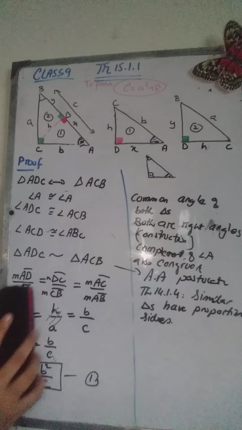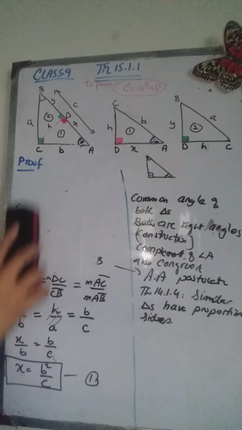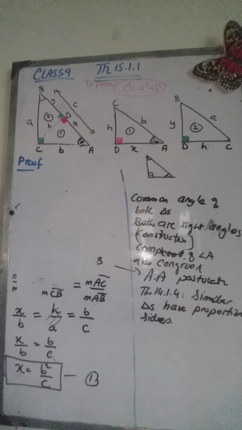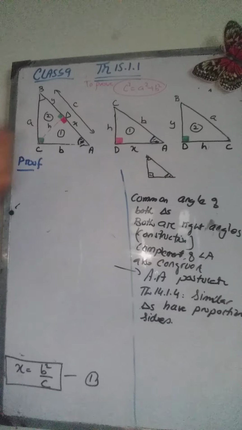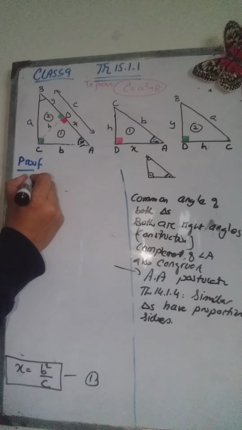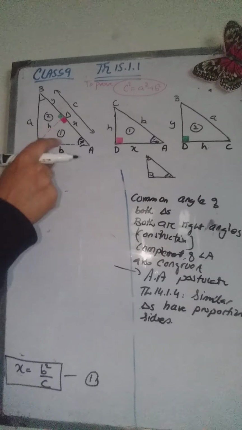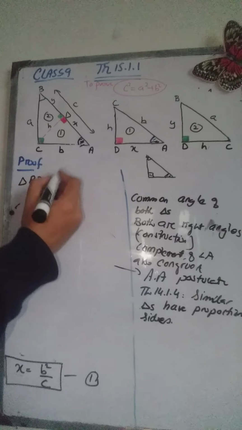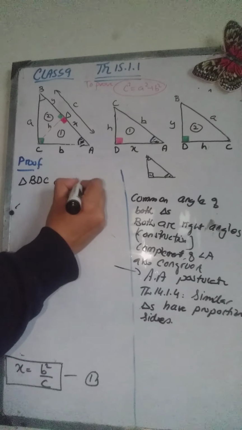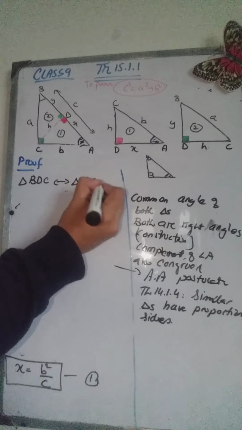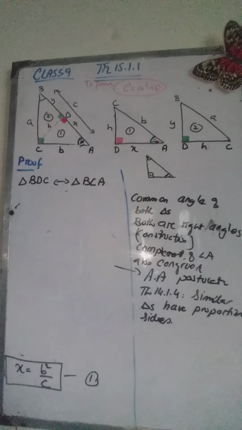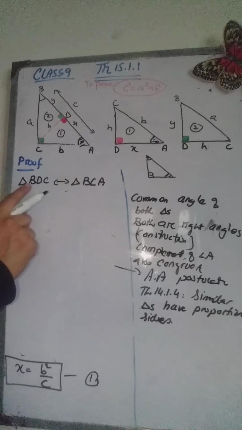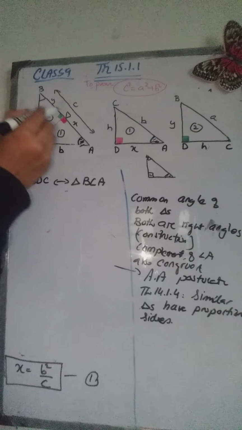Okay, and I'm going to take triangle BDC. Okay, BDC corresponds to triangle BCA. In this triangle now again we have angle BDC.